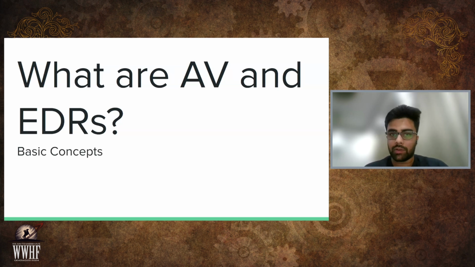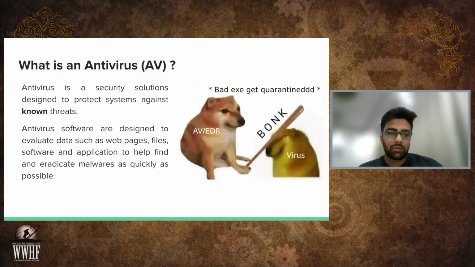I'm pretty sure everyone, or the majority of you, know what exactly AV and EDRs are, but still, let's roll over some basic concepts before we start diving into the field of antivirus evasion and EDR evasion. An antivirus software basically is any sort of security solution that protects a system against known threats.